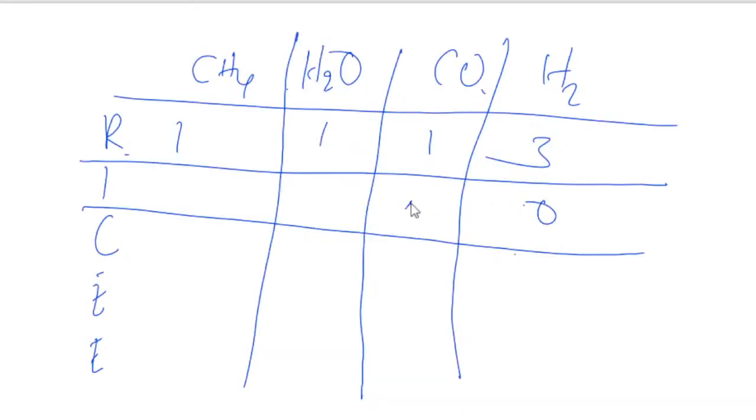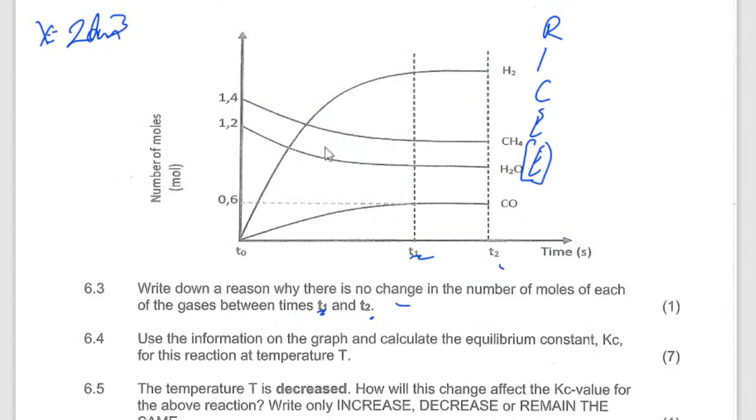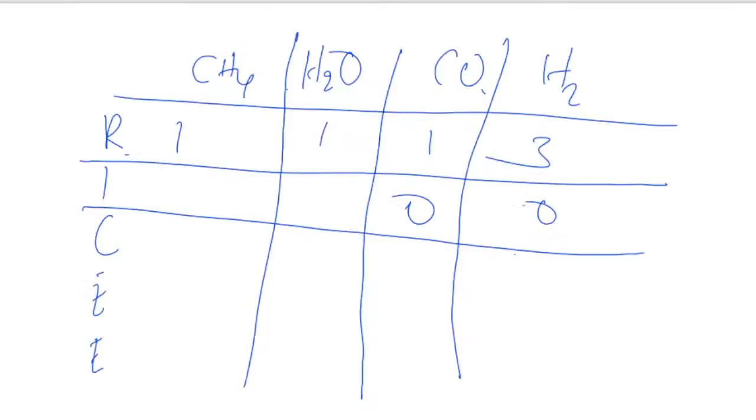Therefore, I'm going to put 0 and 0. And then what about these ones? We don't know. Do we know? Yes, we know. This one started from 1.4, methane, and this one 1.2.